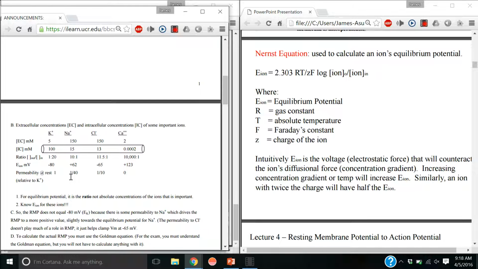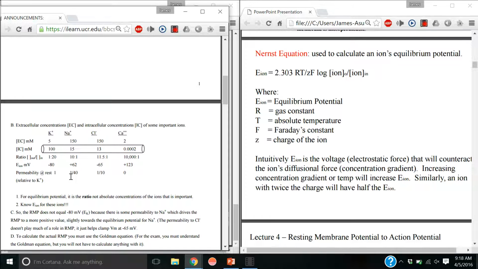Okay. And then the chloride, sodium chloride, the cellular concentration is similar: 150 millimoles out versus 13 intracellularly, a ratio of 11.5 to 1 out to in.